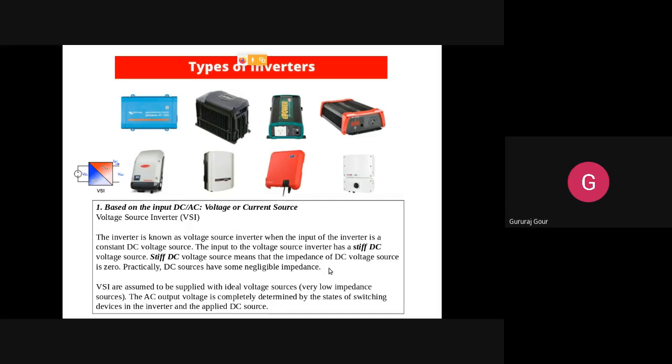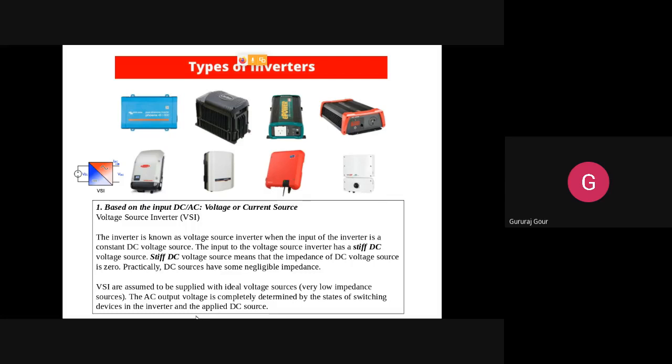Okay, that is known as stiff DC. Stiff DC means here our voltage source is DC and it is offering very negligible internal impedance.